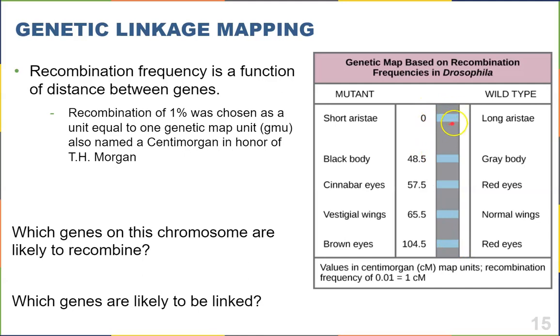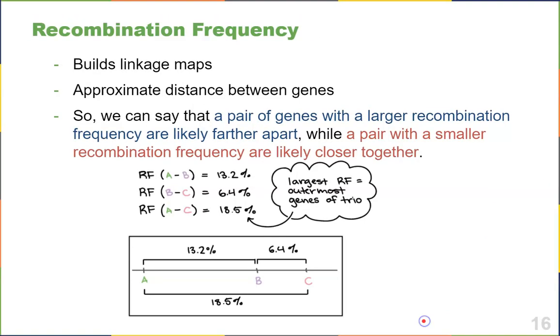But this aristae and black body, gray body gene is close together. So those genes could be linked. But then if we look at even this body and the red or cinnabar eyes, those are even closer together. So those are very likely to be inherited together. So if they have a black body, they're probably going to have cinnabar eyes. If they have a gray body, they're probably going to have red eyes. Okay, so I hope that makes sense.